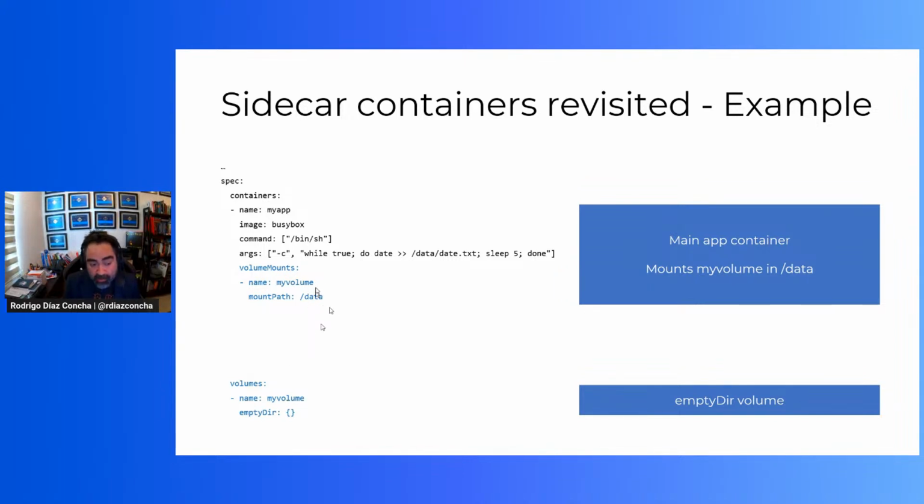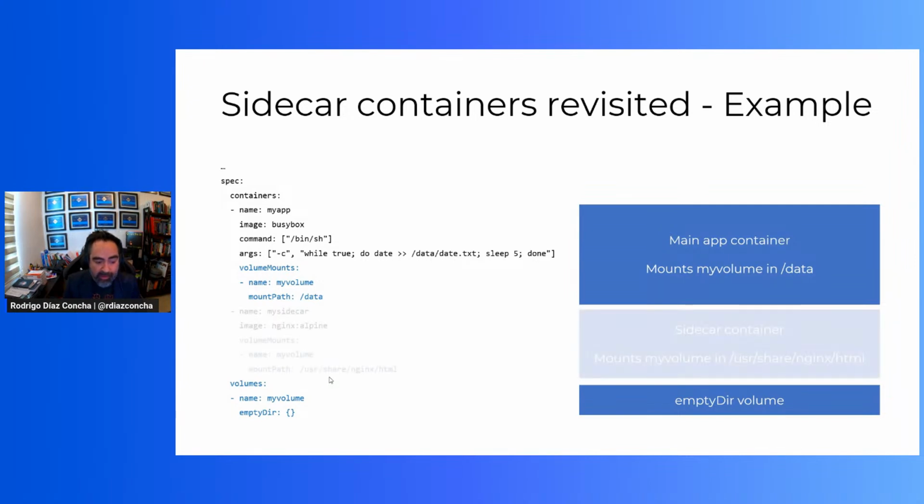So this particular container is mounting the volume inside the data folder. So that's why I'm using data/date.txt. In other words, that date.txt file is being created in this data folder, which is the volume, right?